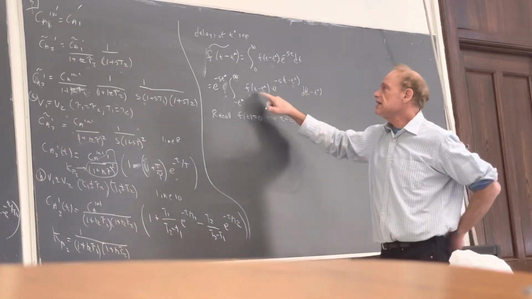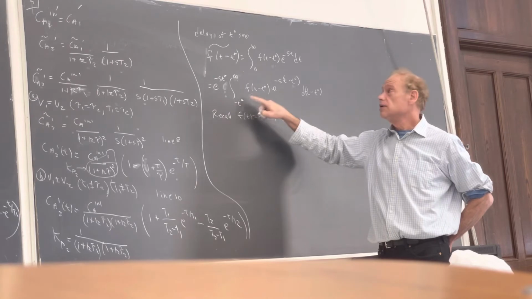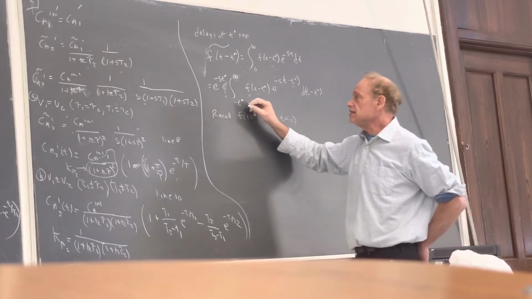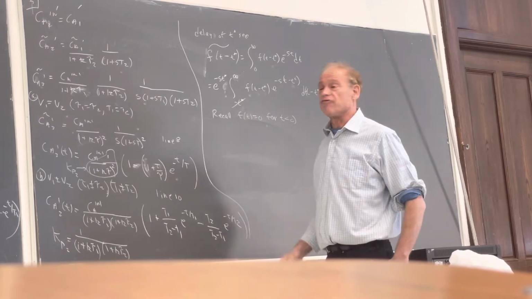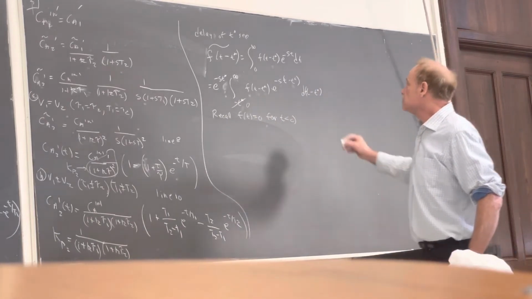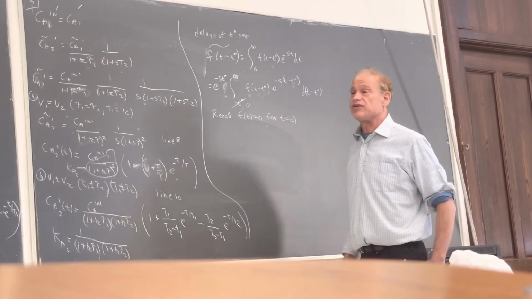So when t is less than 0, then t minus t star is less than 0. So this f is just 0 there everywhere. So I can just start from 0. In which case, this thing is exactly the definition with my variable of f tilde.